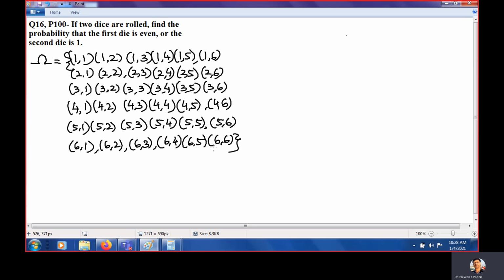This is the sample space. So how many sample points are there? Sample points are 36. Clear? Now what is he asking?